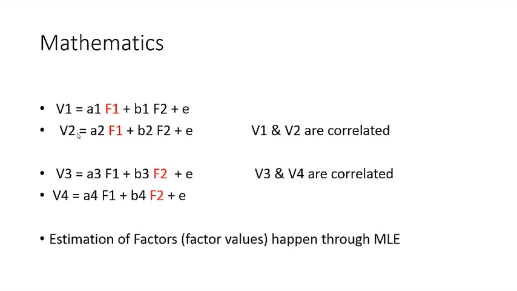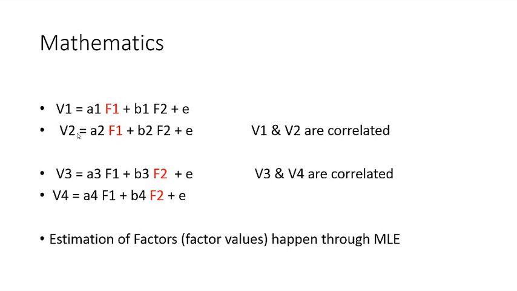So in place of v1 and v2, we will use only the latent variable factor 1, or f1. How do we estimate a1, a2, f1, f2, b1, b2? Well, we estimate the values of the factors through maximum likelihood estimation.